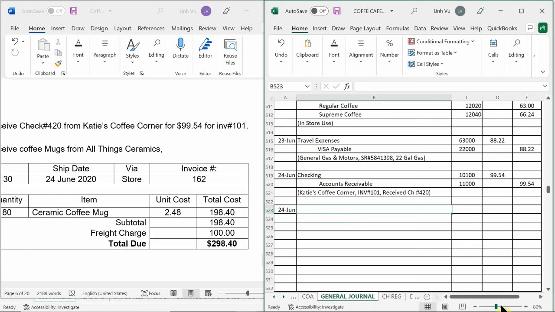How do I record periodic inventory? So the purchase expense, freight expense.